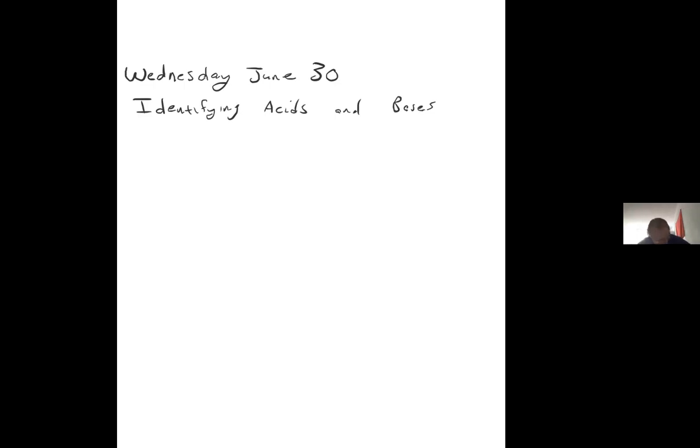The 4 different categories are what they call strong acids, and then weak acids, and then there's strong bases, and then there's weak bases.